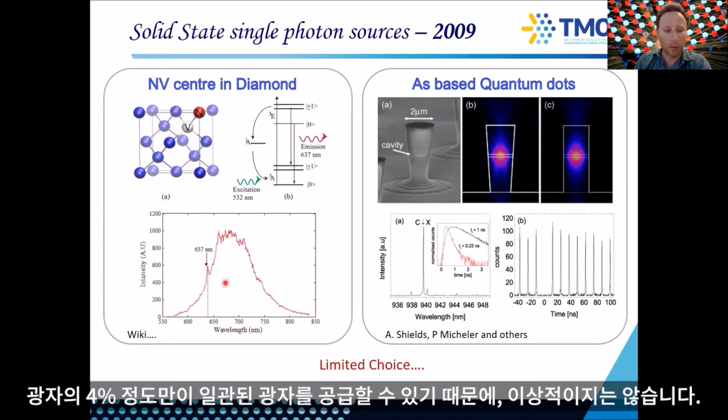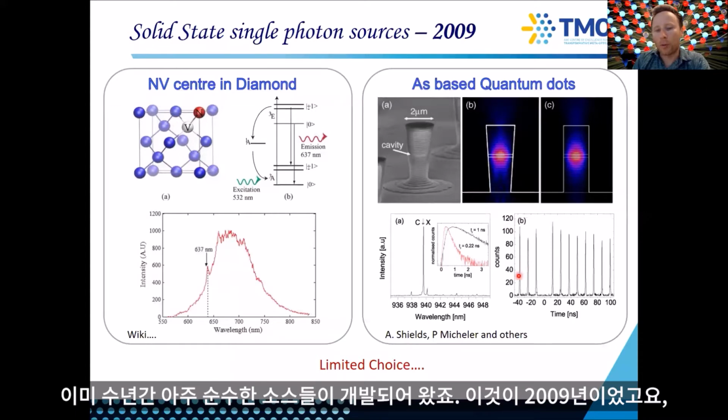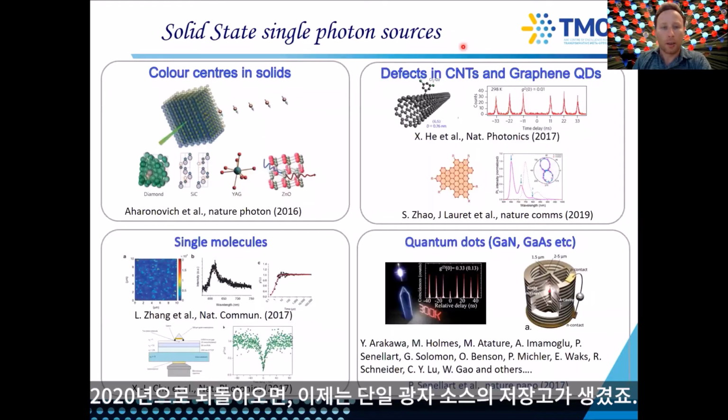Only about 4% of the photons can provide you coherent photons. So not ideal. And then arsenide-based quantum dots, where already very pure sources had been developed for some years. That was in 2009.